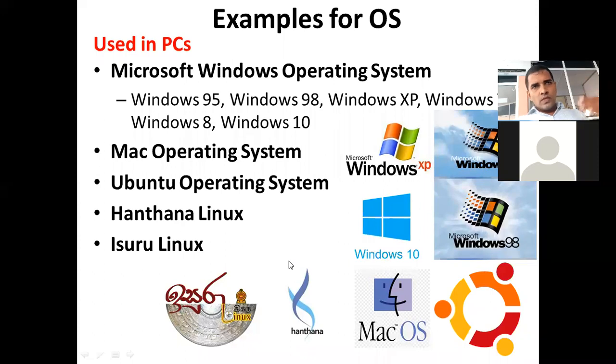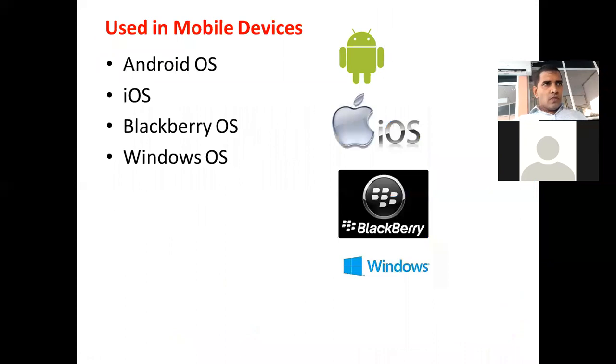Okay, so these are some of the world famous operating systems which are used in computers, right? So let me take some of the operating systems used in mobile devices. I already told you that the term mobile device includes handheld devices such as smartphones and tablet PCs.